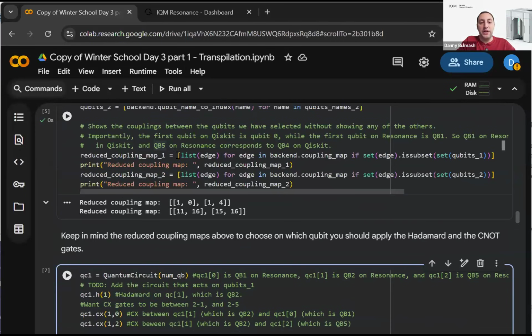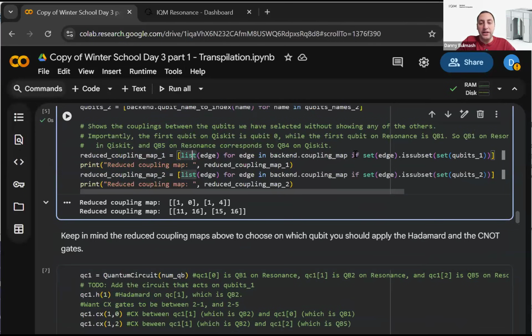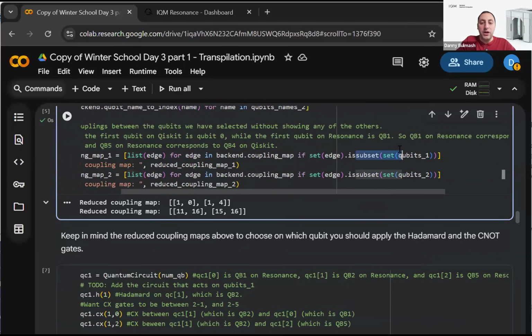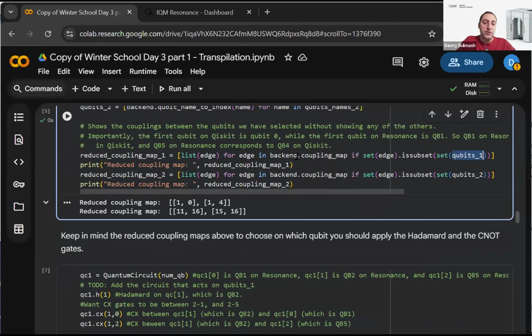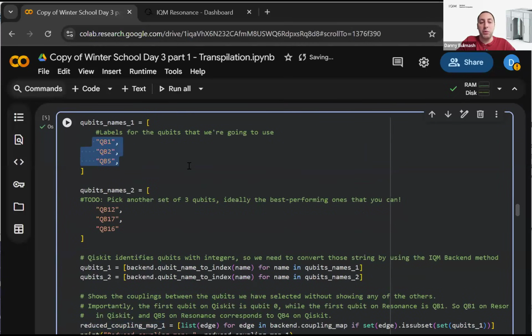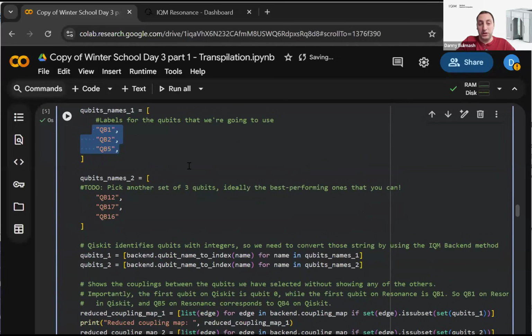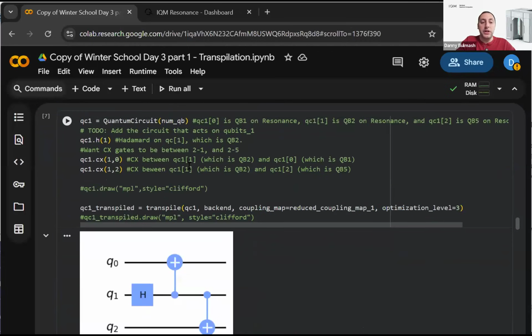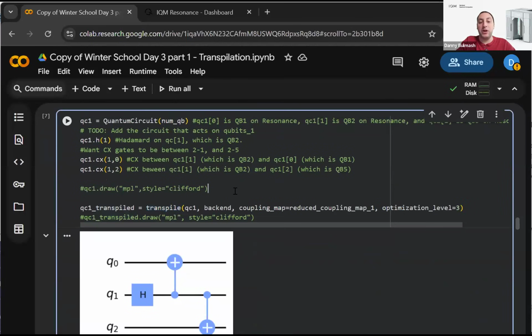That was the couplings that we had that involved our set of qubits 1. That's where we pass in this list of qubits that we're working on the physical computer. So nothing up until this transpile line knows anything about Garnet. Once we put in this reduced coupling map 1, that's what tells us about Garnet.